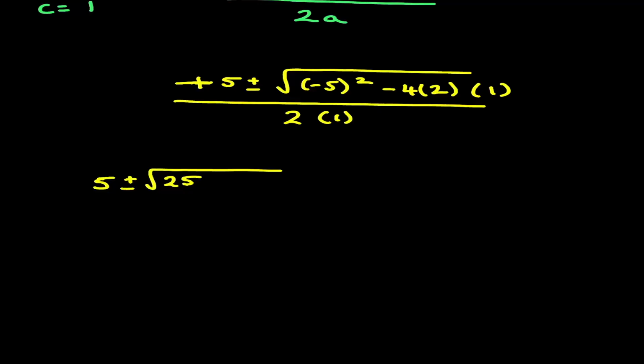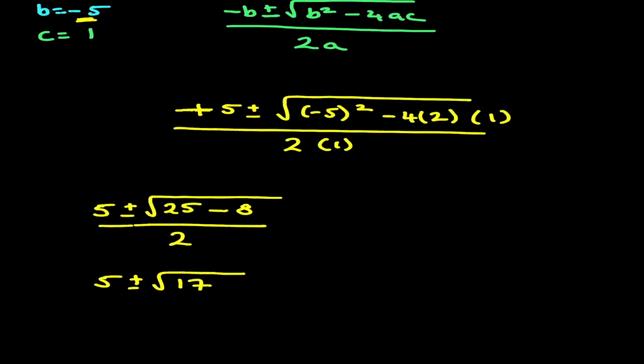And 4 times 2 times 1 is 8. So it's 25 take 8 all over 2 times 1, which is 2. And we could simplify that further. 25 take 8 is 17. So it is 5 plus or minus square root of 17 all over 2a.